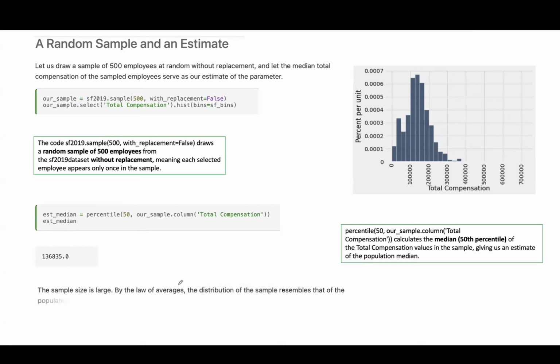We would like to be able to quantify the amount by which the estimate could vary across samples. That measures the variability, and it helps us measure how accurately we can estimate the parameter itself.